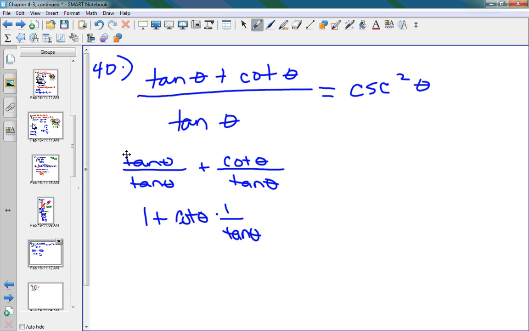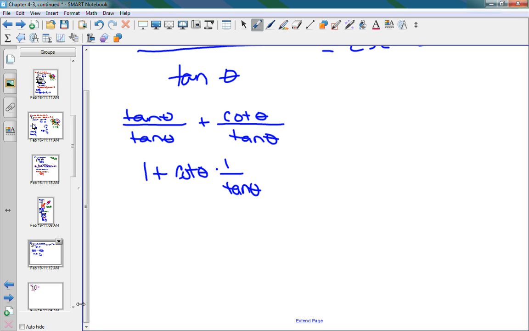Anybody tell me what 1 over tangent is? Cotangent. So I have the cotangent of theta times the cotangent of theta. Well, how many cotangent of thetas do I have? 2. And what is 1 plus the cotangent squared of theta? Cosecant squared. Is that what I wanted it to be?